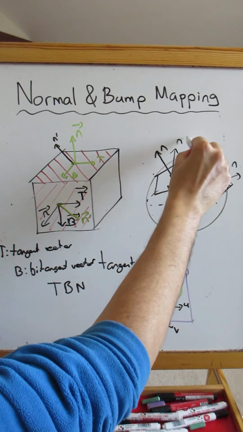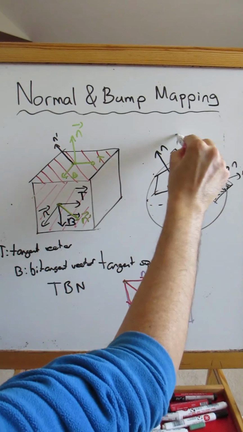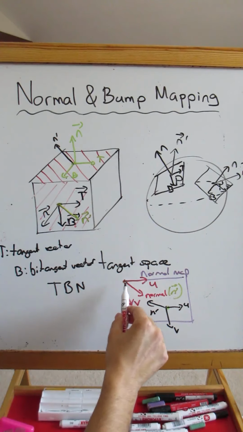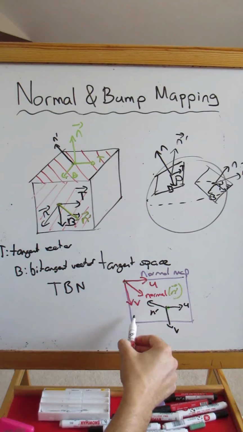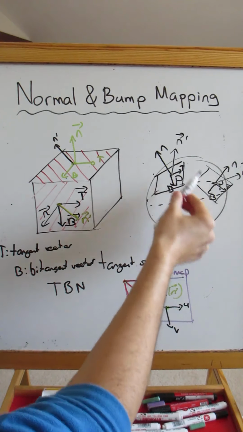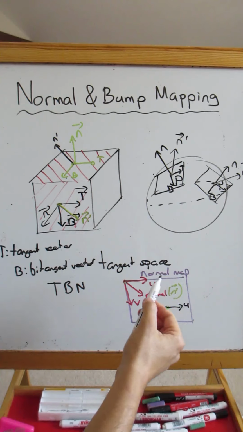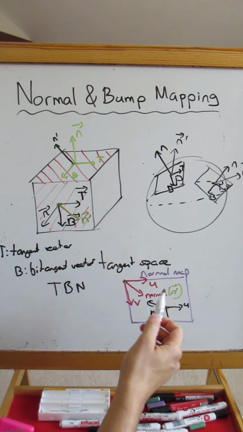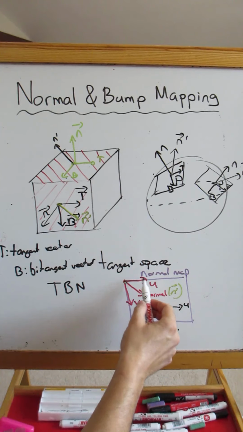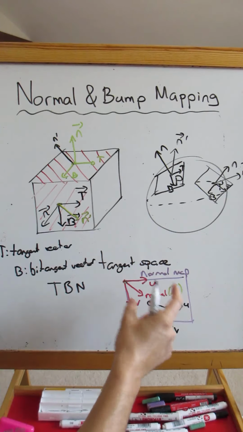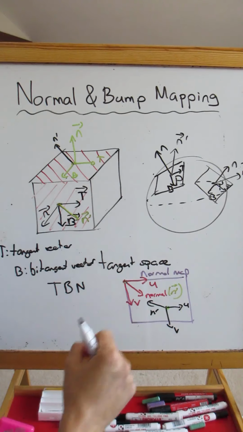So this is n prime, n prime. What I mean by this is that the same normal value in the normal map can actually result in pointing to different directions on the object. How? It's because we will be mapping the UV system on the normal map texture with the tangent plane on the object.